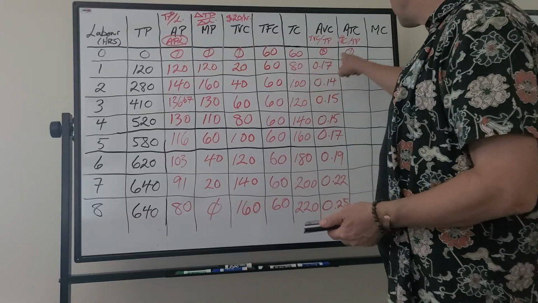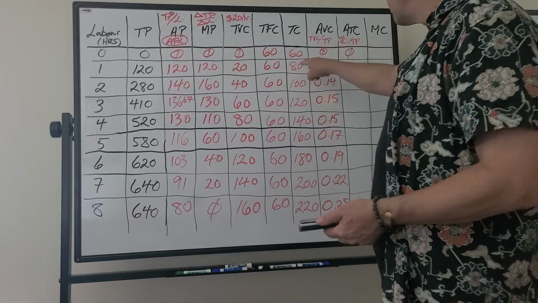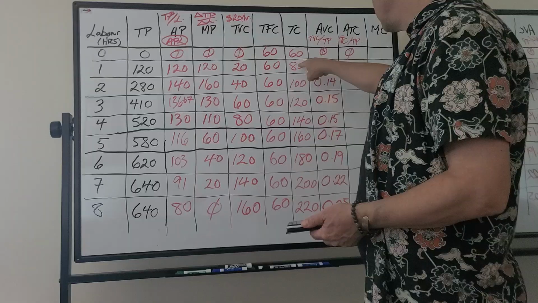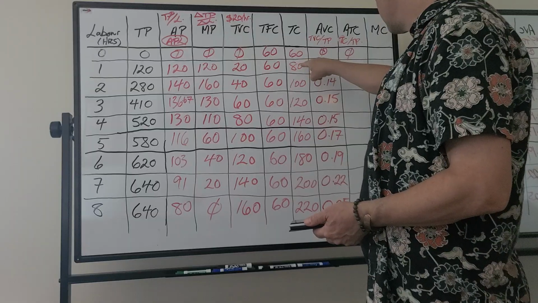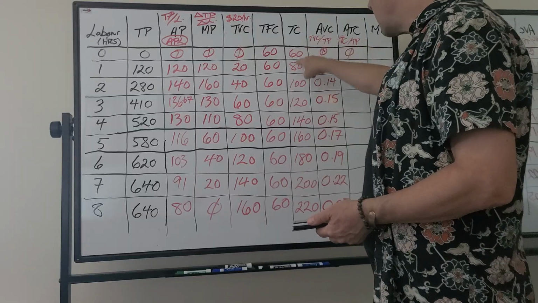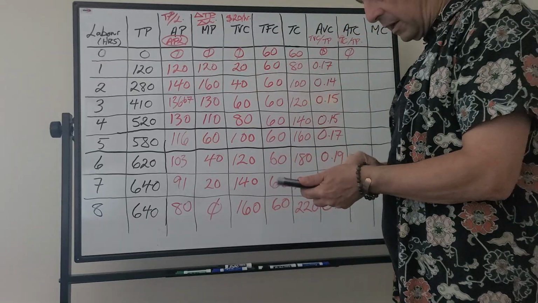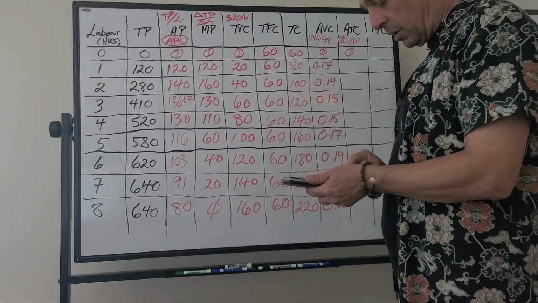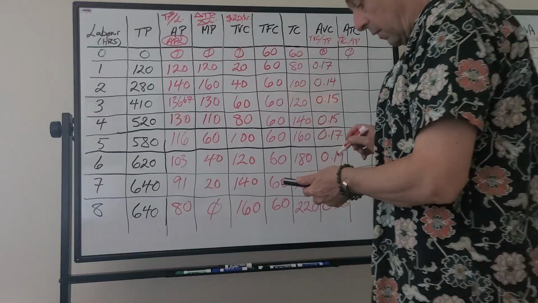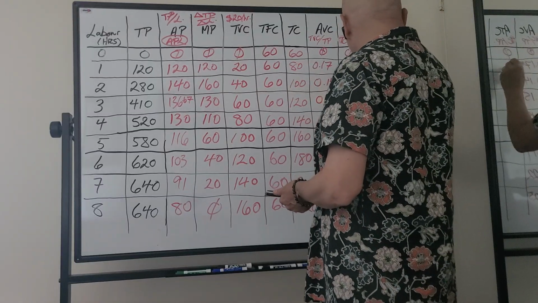Okay, so we've got 0 here. So we've got total cost of 80 divided by 120. 80 divided by 120 is about 0.67.